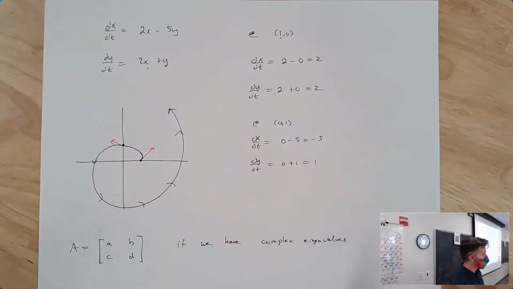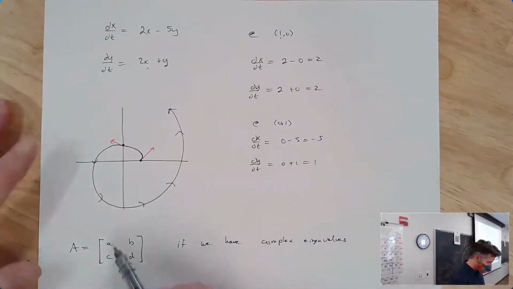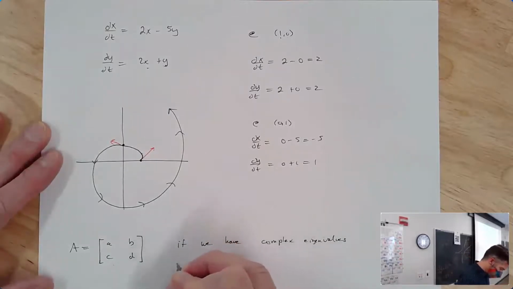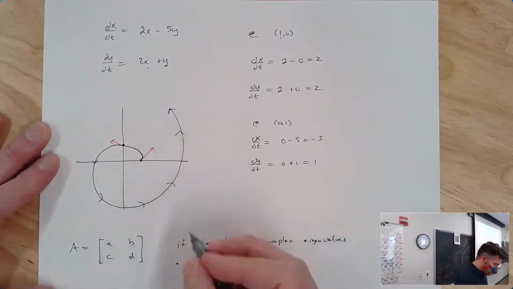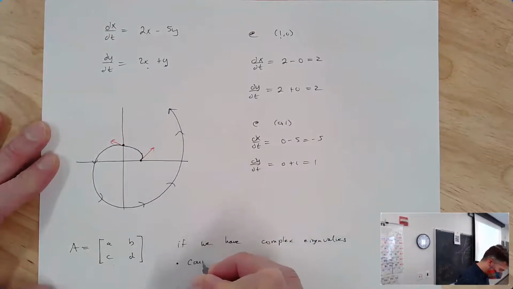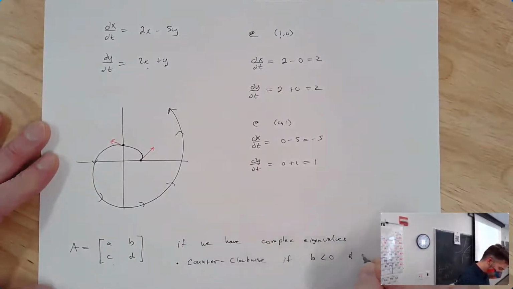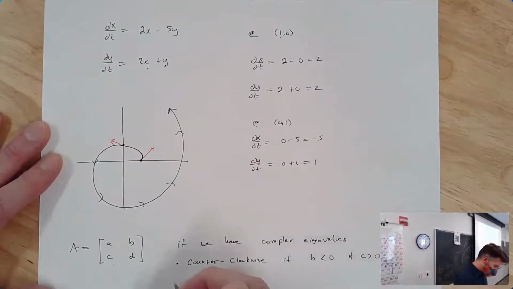I'm not going to prove that to you, but it is true that in a matrix like this, if the eigenvalues ended up being complex, B and C were opposite signs. And here's what's going to be true. It's going to be counterclockwise, like the example we did, if B is negative and C is positive. It's going to be clockwise if the opposite is true.